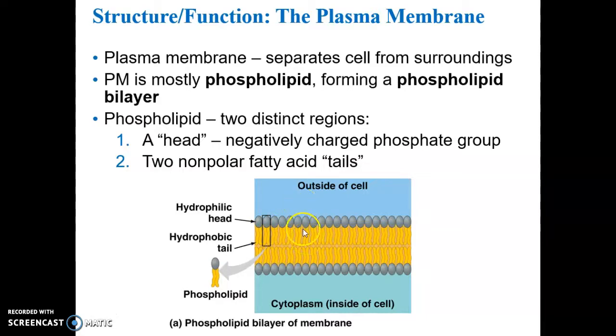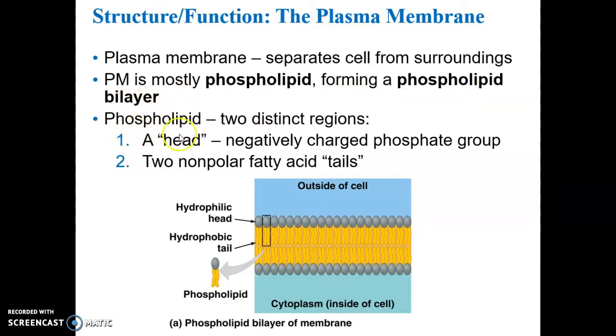Aqueous environment meaning watery. Now, inside the cell, in the cytoplasm, or the cytosol, it's mostly water as well. So this layer forms itself with the phosphate group towards the cytoplasm and the lipid part away from the cytoplasm. So the phospholipids tend to naturally form a bilayer, okay?